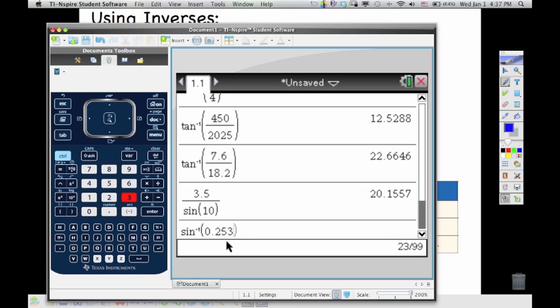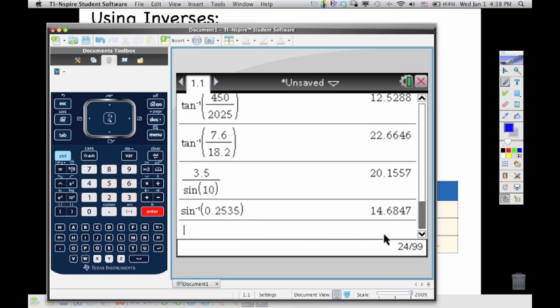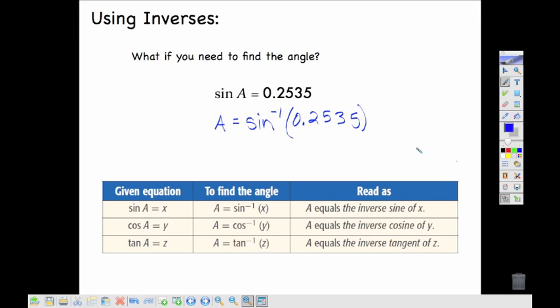This one is 0.2535, and hit enter. And we end up with 14.6847. Since we're getting 14.68, they often want this to the nearest degree, so we round that to 15 degrees. So remember what I said about the number of decimals that we need. The sine ratio, sine of A, is to 4 decimals, but the angle itself, angle A, I rounded to the nearest degree.